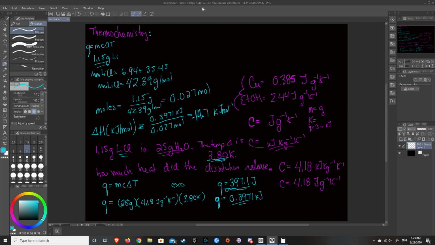But one last point is that the lower the heat capacity, which we already talked about, the less heat is needed to cause a temperature change.